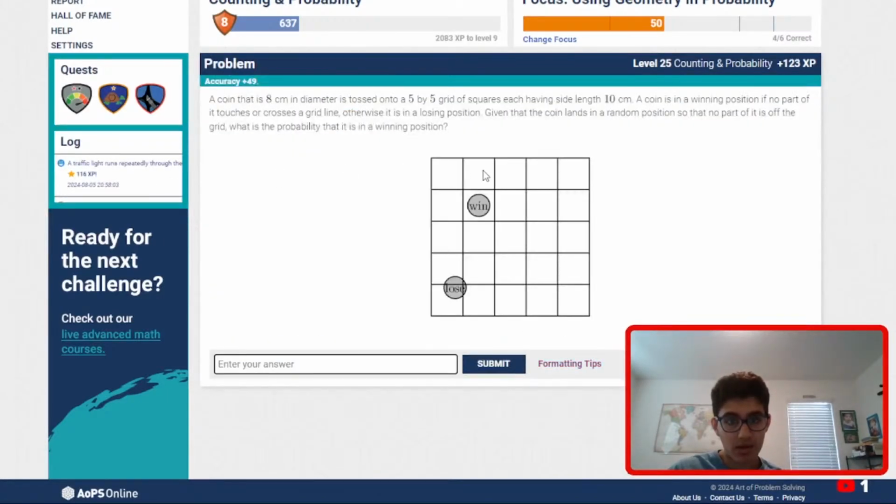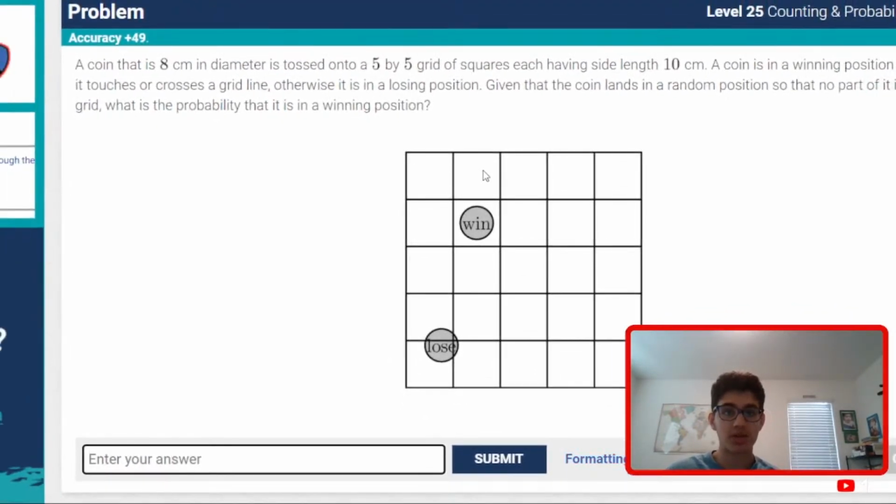Great. A coin that is 8 centimeters in diameter is tossed. A coin is in a winning position if it's like this. A coin is in a losing position if it lands like that. Hmm.